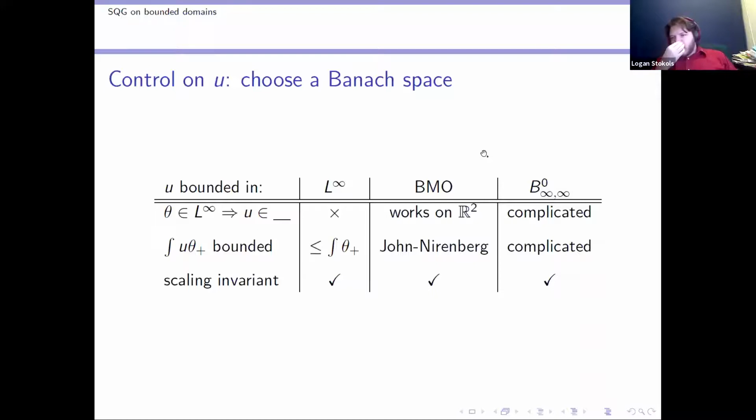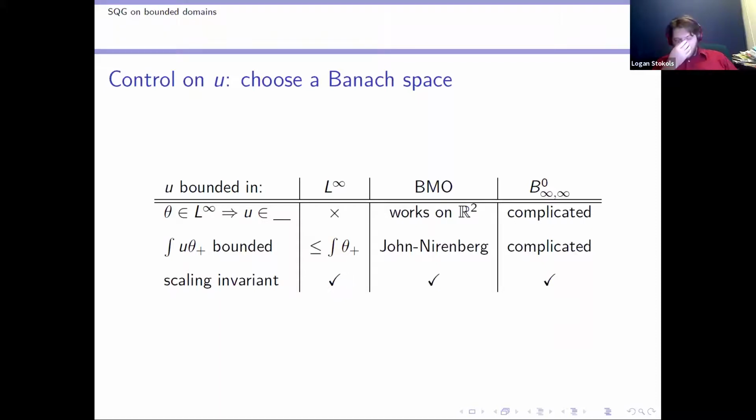The problem is there's not a ready-made result that says the Riesz transform on a bounded domain is going to be bounded from L infinity to BMO. Something along those lines is true, but it's not a prepackaged result. So we had to dig into what we are actually saying when we say something is bounded to BMO, and we end up looking at the related space B0 infinity infinity, which is a Besov space.